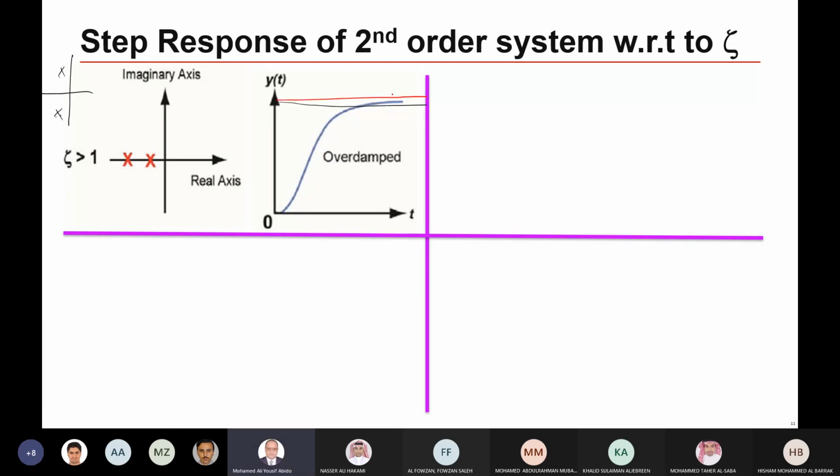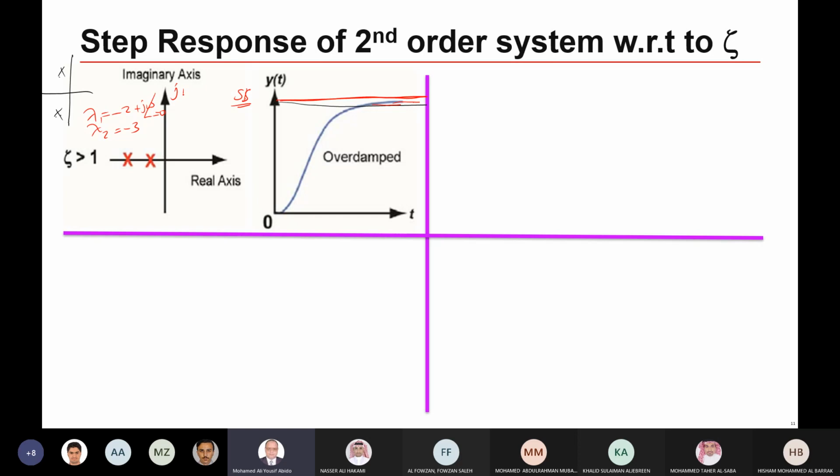This is the steady state value. The response of the system will start as such and approach the final value without any oscillation. The eigenvalues here are lambda 1 equal to -2, lambda 2 equal to -3. So these are real. There is no imaginary part, so there is no oscillation for this mode.